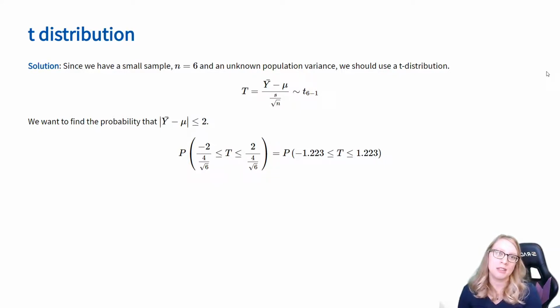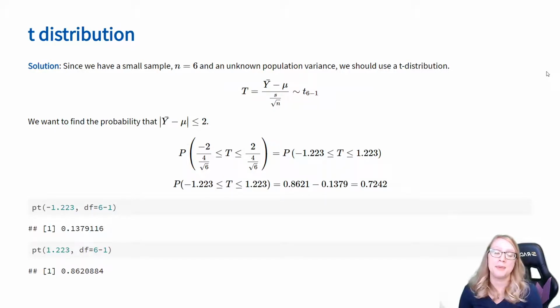So this is the same as the probability of a t-score between negative 1.223 and positive 1.223. The t distribution again depends on the degrees of freedom. Here that's the sample size 6 minus 1. So our probability, using the pt function to help us out a bit, is 0.72. So 72% of samples will fall into that range.